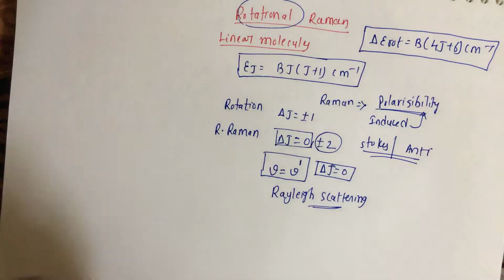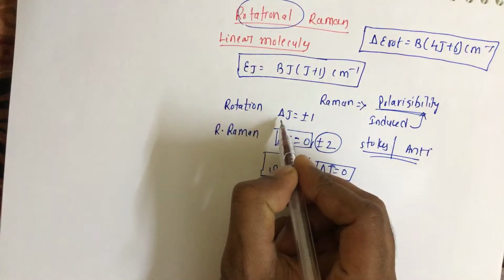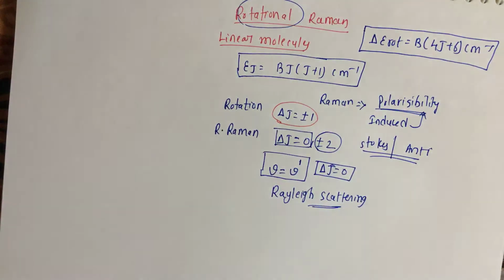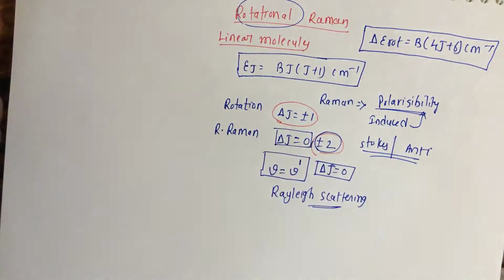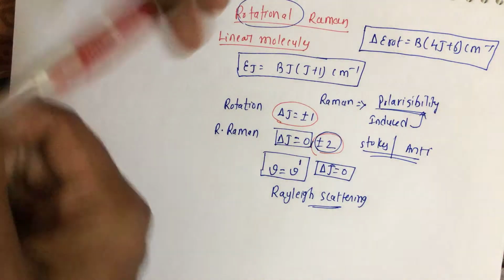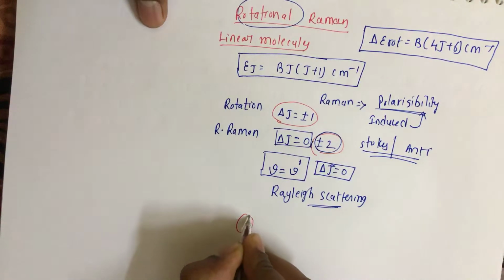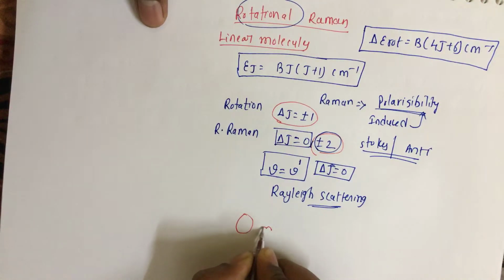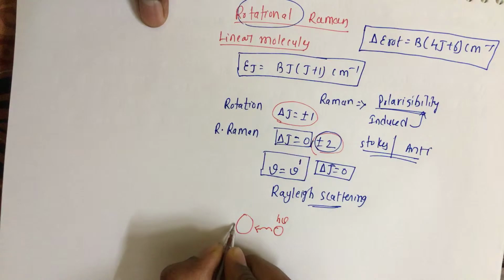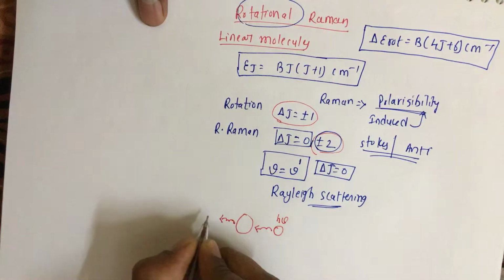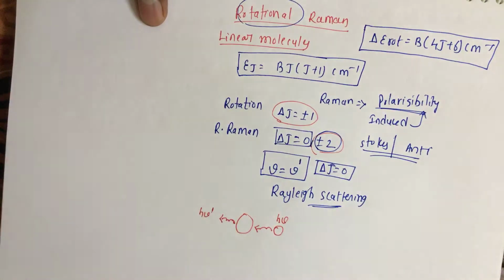As we can see, in rotational spectroscopy delta J equals plus or minus 1. But why is it plus or minus 2 in rotational Raman? When a molecule collides with a photon having energy h nu, it goes to a virtual state, and then the radiation is scattered, which we call h nu bar.